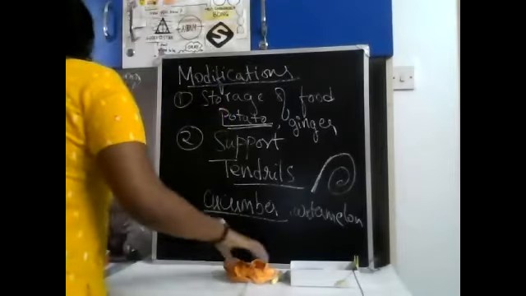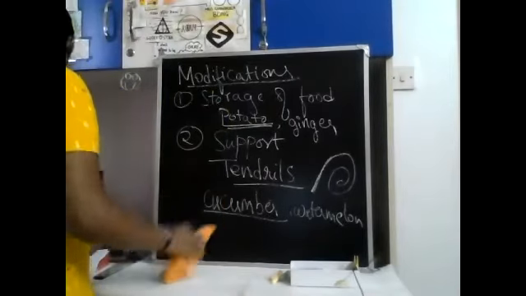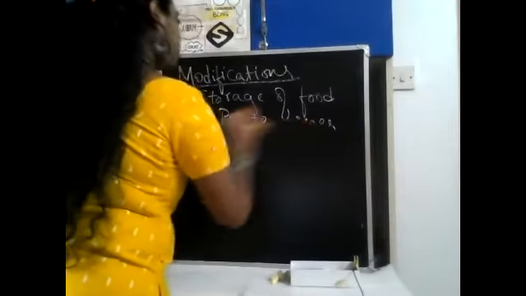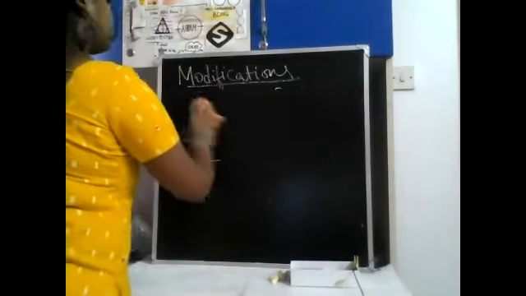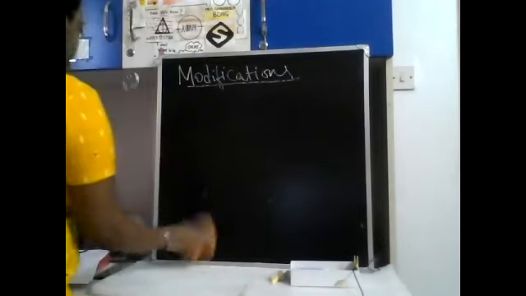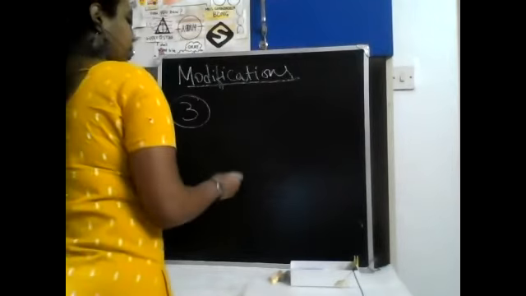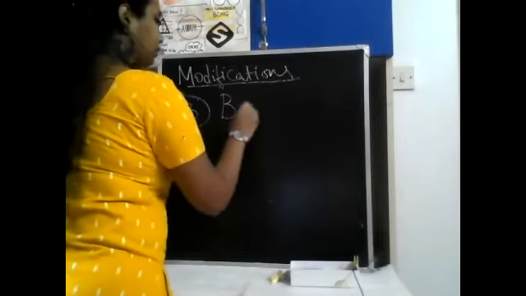So last, and this one is slightly important, the third kind of modification of stem is the modification that you see in bougainvillea.